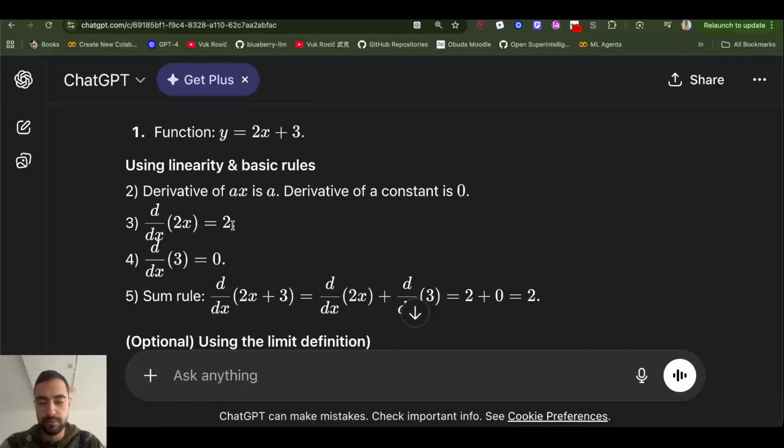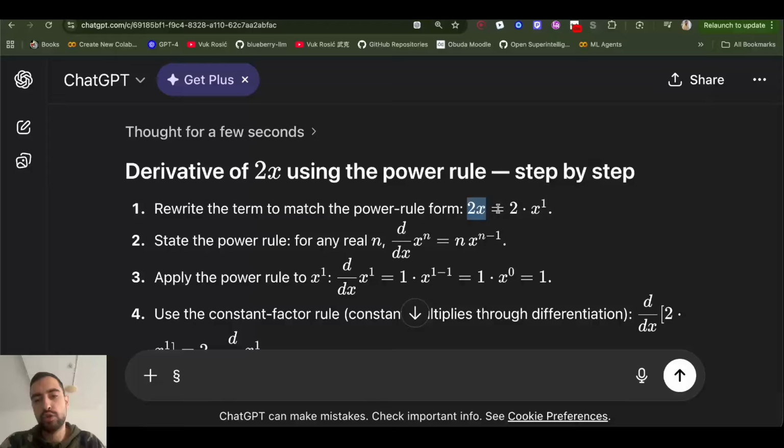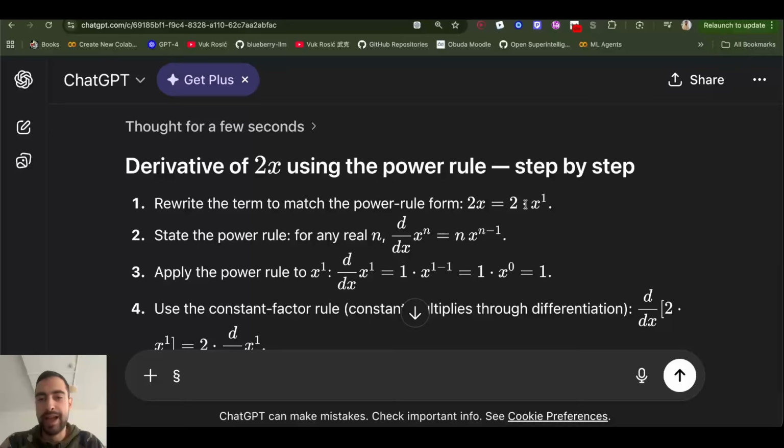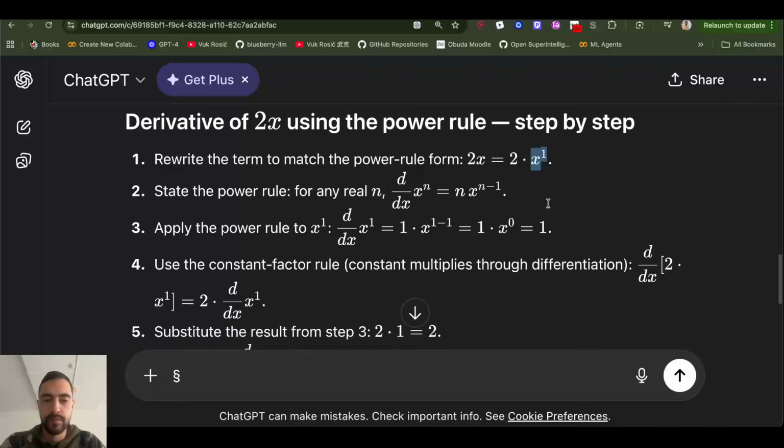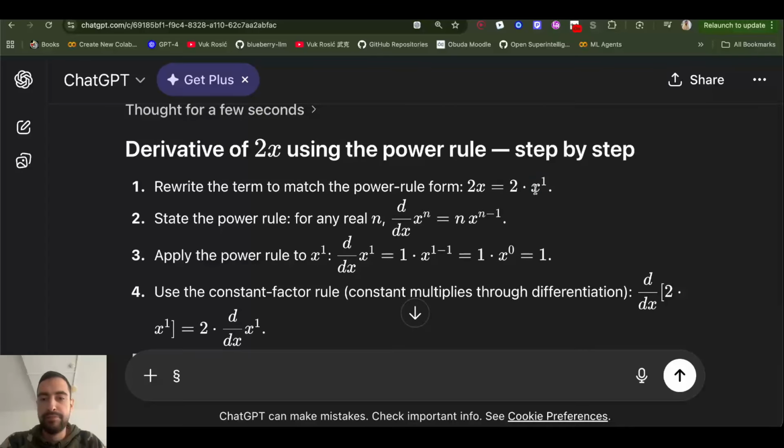Let's see how. So 2x is equal to 2 times x power 1. And I explained earlier that if we find the derivative, first of all, because we have constant times variable, this constant will remain the same. So in the derivative, this will still be 2 times something, okay? Now let's see what that something is.